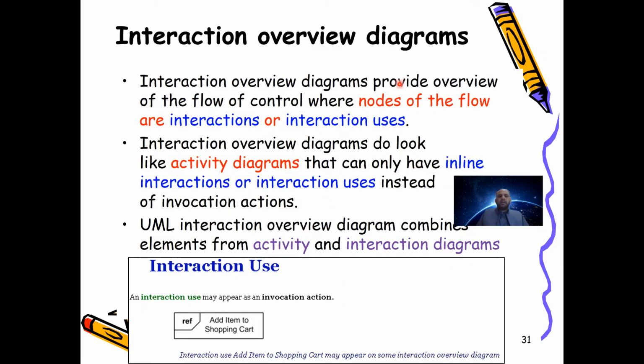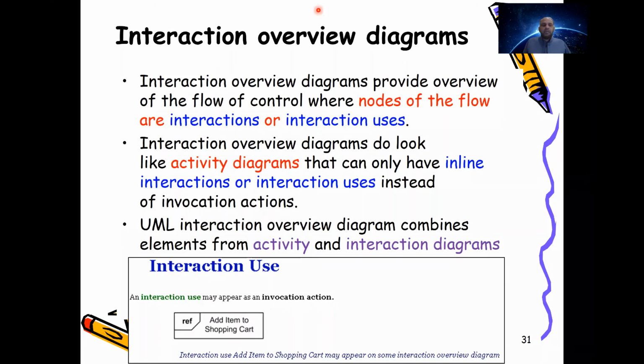Coming on to the interaction overview diagram. Interaction overview diagrams provide an overview of the flow of control where nodes of the flow are interactions or interaction uses. I'll give you the example, then we will understand what I mean by interaction or interaction uses in the next slide.